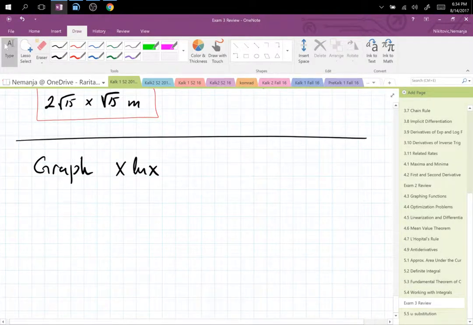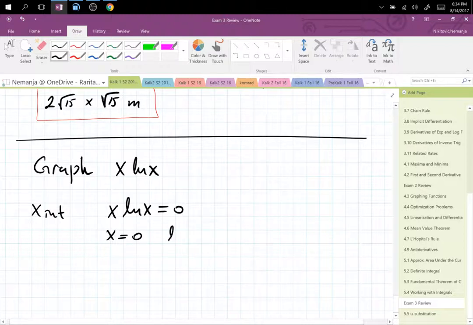To graph a function, we have to find the intercepts and all that kind of stuff. So the x-intercept is when y is equal to 0. So we have x equals 0 and ln x equals 0. Oh, first of all, the domain. The domain is 0 to infinity because ln x has the restrictive domain 0 to infinity.